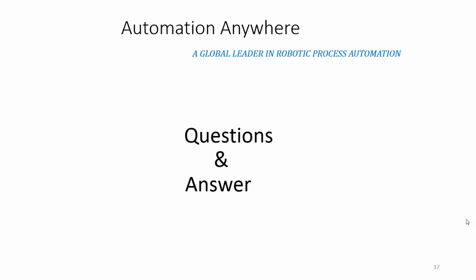What is the difference between that tool and this RPA tool? I'm not sure about the BPM tool, but I can tell you what RPA does, and you can relate and tell me the difference.